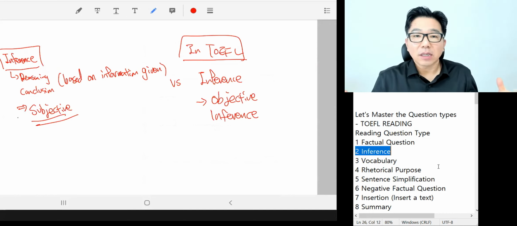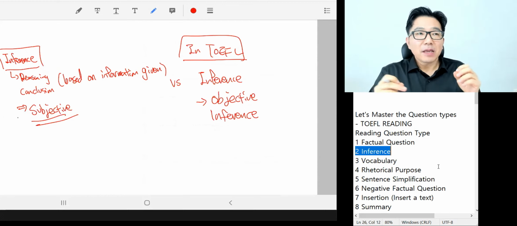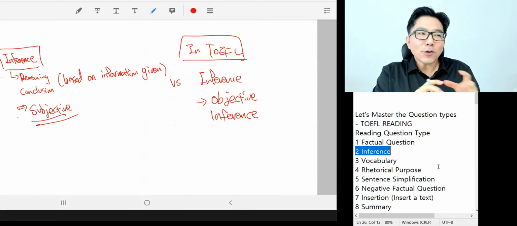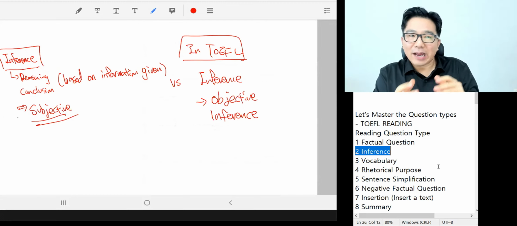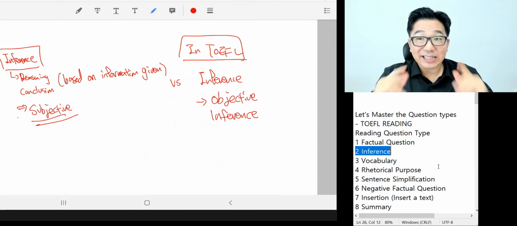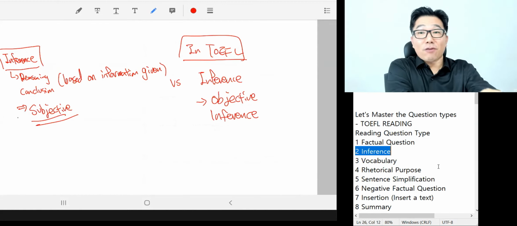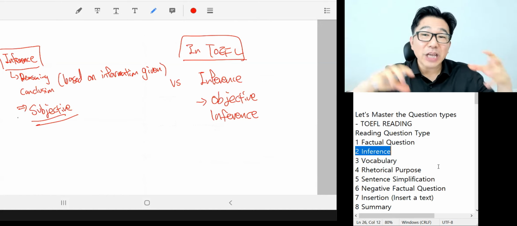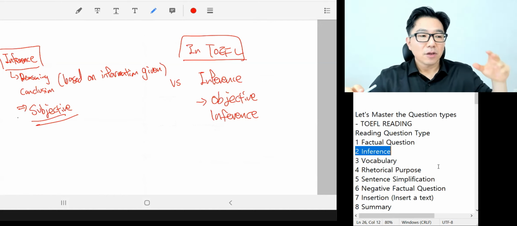To everyone, it has to make sense. So if your answer choice, because it's inference, this could be right, but this may not be right based on this, then that's a wrong answer. Okay, although it's inference, because we're talking about objective inference here.